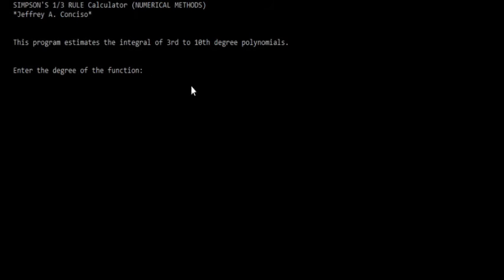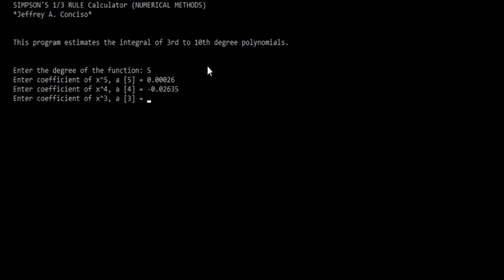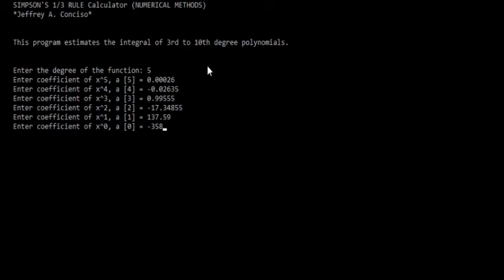Let's use 5 as the degree of the function, and then the coefficient of x raised to 5 is 0.00026, and the coefficient of x raised to 4 is negative 0.02635, and the coefficient of x raised to 3 is 0.99555, and the coefficient of x raised to 2 is negative 17.34855, and then the coefficient of x is equal to 137.59, and then minus 358.